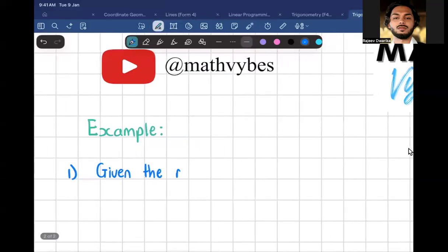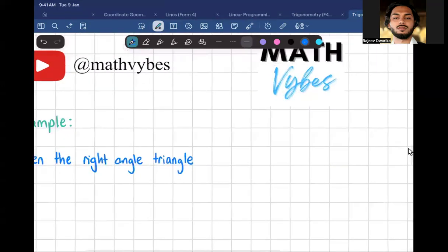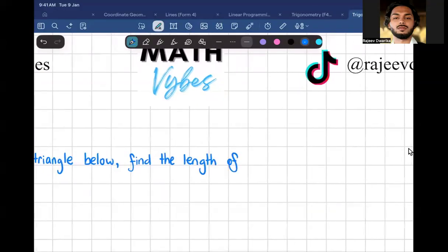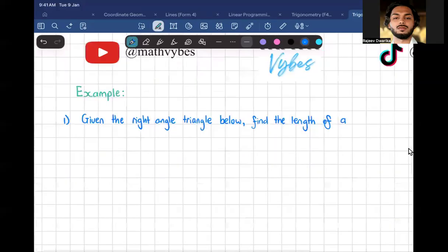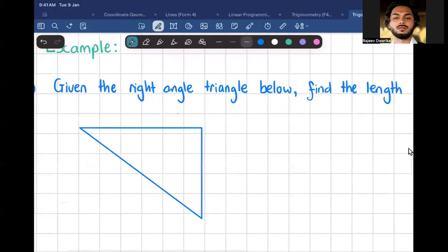Given the right angle, so guys, they will change up the orientation of the triangle.